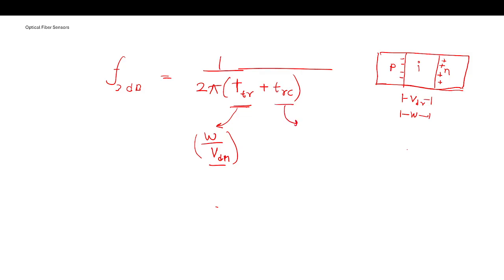Similarly, the other is directly related to the capacitance, which is equal to epsilon A by W, where A is the area and W is the width. As you can see here, W has an impact on both sides, and which also makes some contribution to the response.